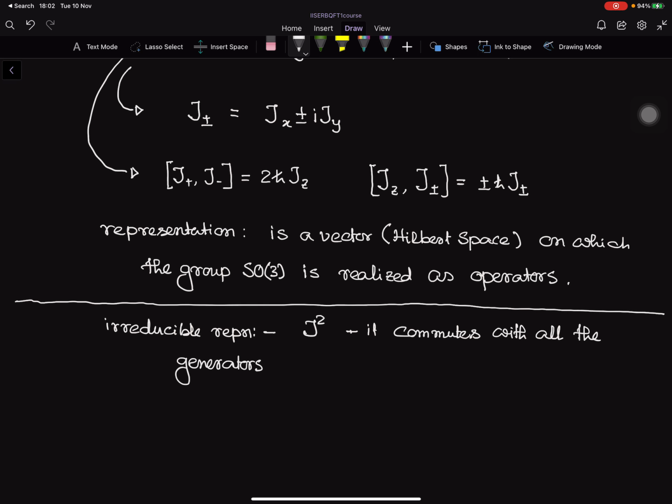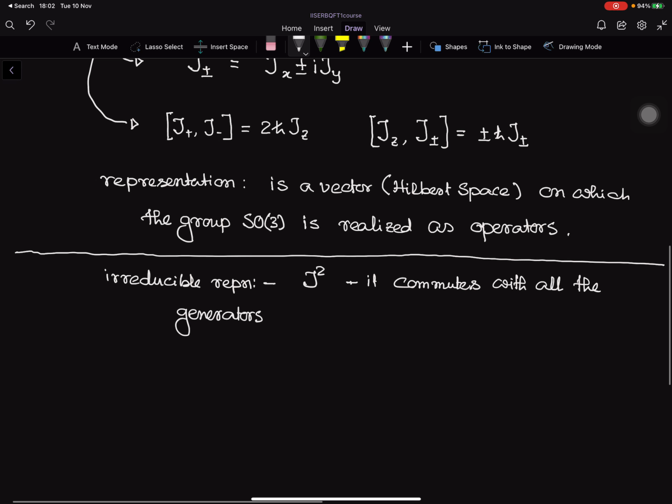Which means that in any representation, the value of J square is fixed, it doesn't change. Then you can show that in any representation J square takes the value j(j+1) times h bar square, where j is an integer or half integer.